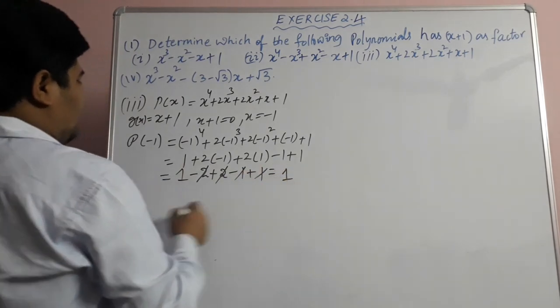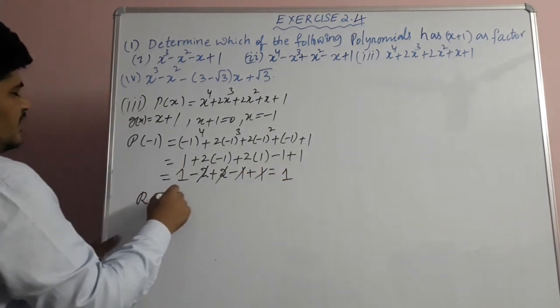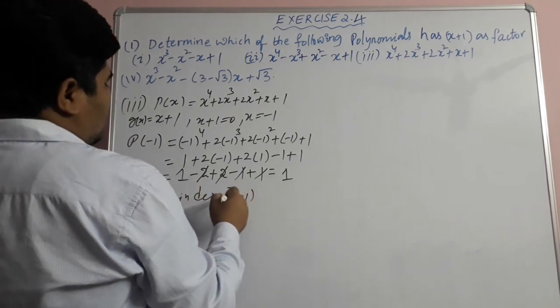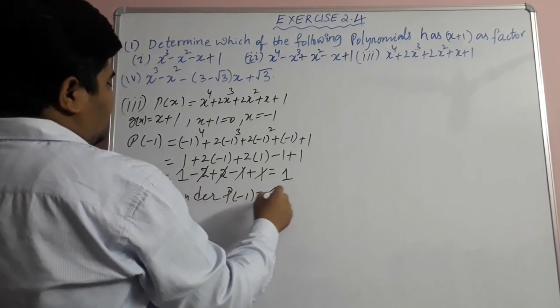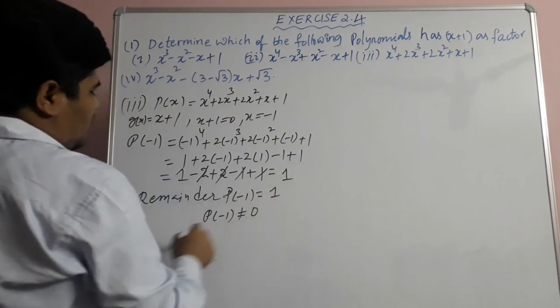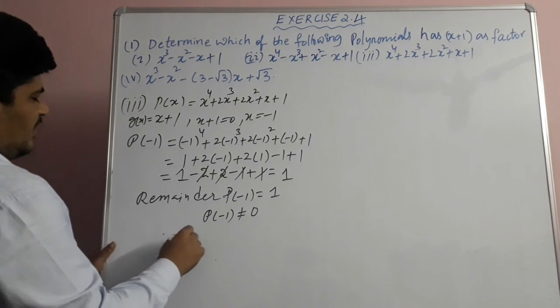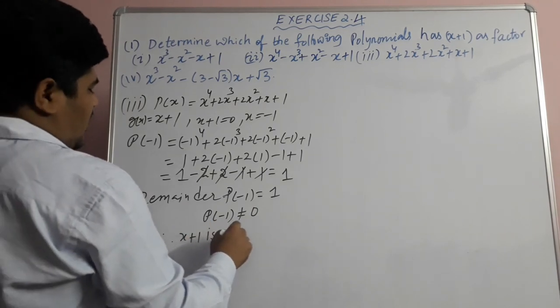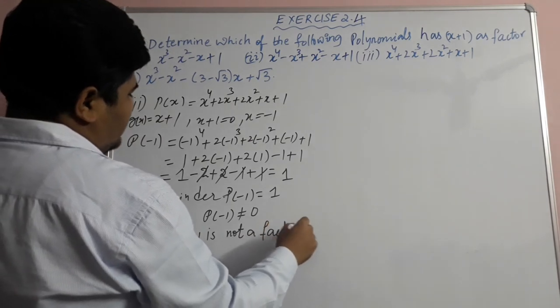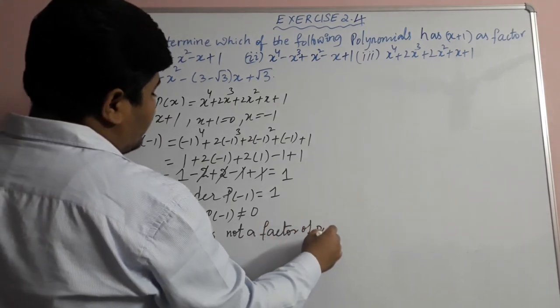Okay, so 1 is left. Here the remainder p of minus 1 is 1, it's not equal to 0, therefore x plus 1 is not a factor of p of x.